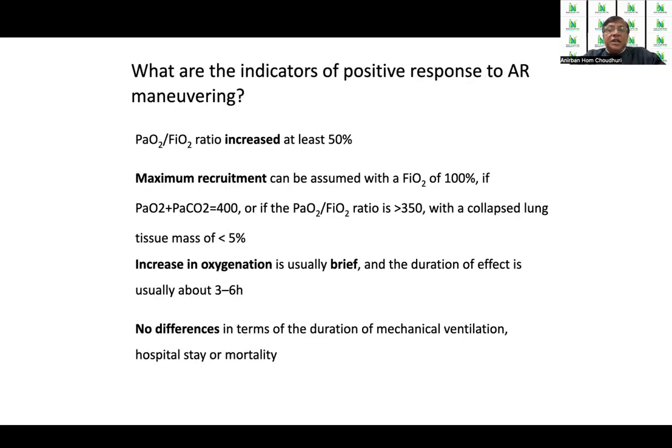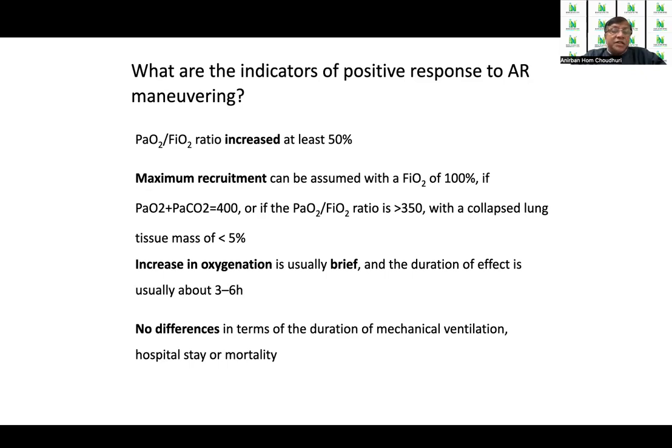So what are the indicators of a positive response to the alveolar recruitment maneuver? One, the PF ratio increased by at least 50%. Maximum recruitment can be assumed with an FiO2 of 100% if the combined PaO2 plus PCO2 is 400, or if the PF ratio is more than 350 with a collapsed lung tissue mass of less than 5%.